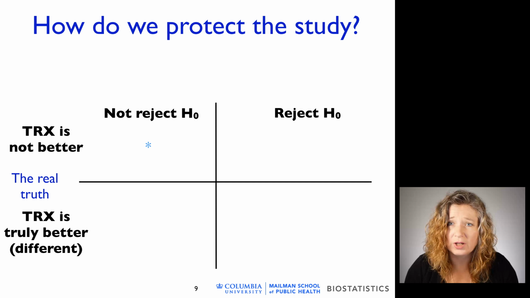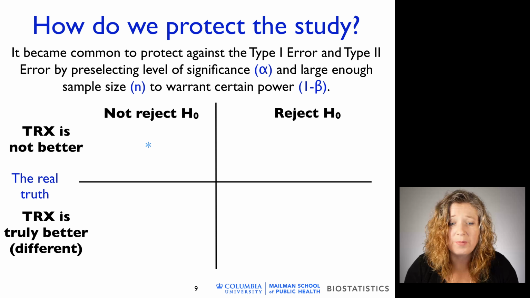So how do we protect the study? In a best case, I would like to have both type 1 and type 2 errors as small as possible, and I would like to have the power as large as possible. So in a best case scenario, I would have type 1 and type 2 error to be 0% and power 100%.